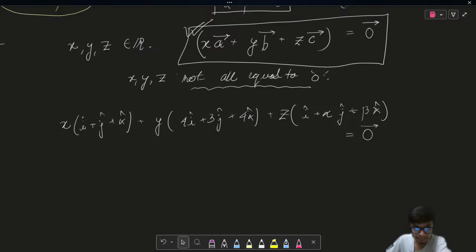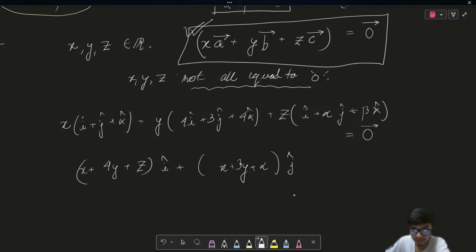In the i cap direction, I will have x plus 4y plus z. Similarly, if I club the components in the j cap direction, I will get x plus 3y plus alpha z. And similarly, for the k cap component, I'm going to get x plus 4y plus beta z, which is equal to 0.